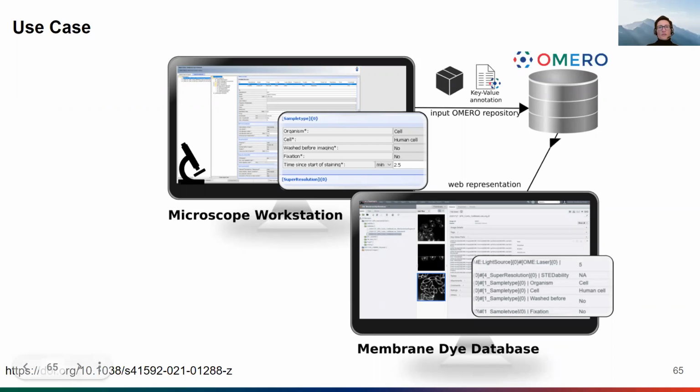And in OME-MDE, we have integrated objects for the detailed description of the membrane dyes and for the technical description. And the user can use this to annotate the data and enter the data in a standardized way during the transfer step to the database. And this achieves a uniform metadata annotation and thus comparable and searchable data in this database. Thank you.